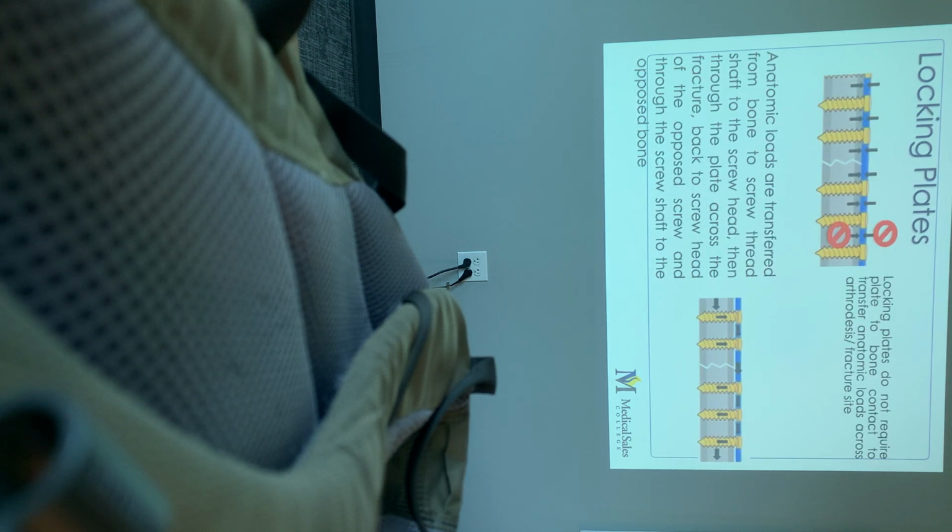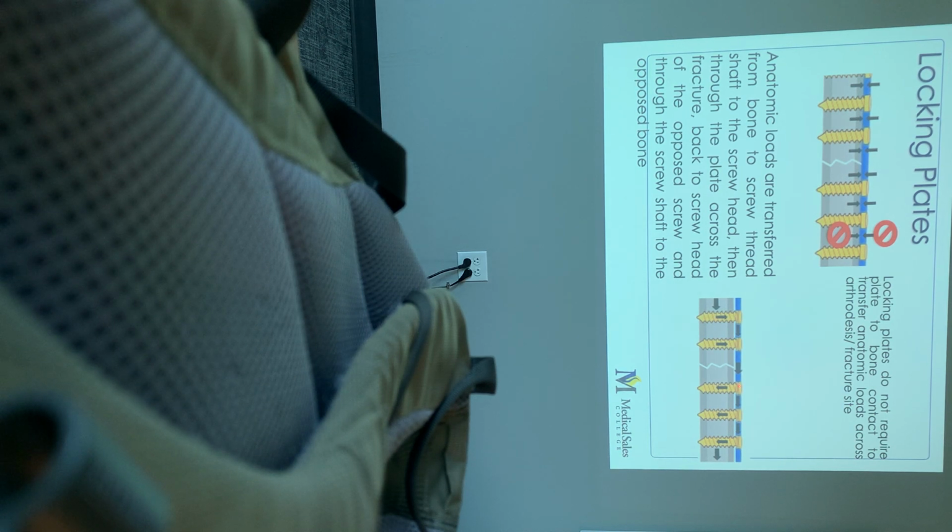And then, of course, the newest evolution is the locking plate, the LCP, locking compression plate. So the DCP, the LCDCP, and the locking plate all have that compression ability. What's important about the locking plate is that it's one fixed mechanical device, right?